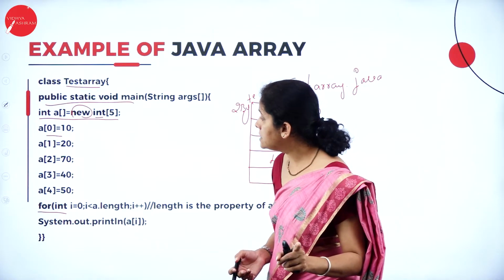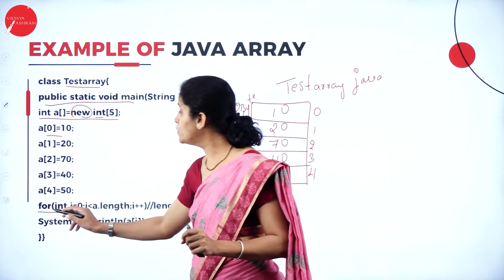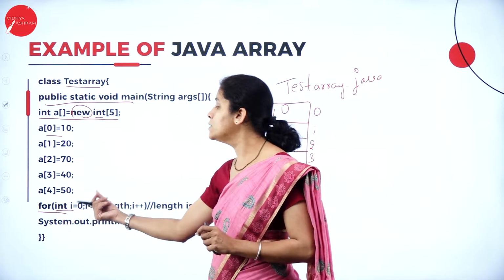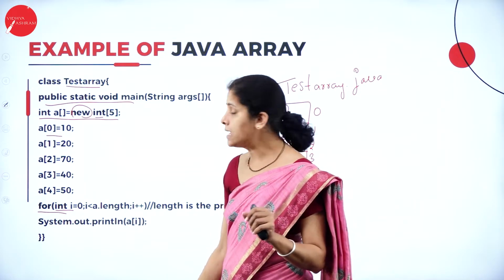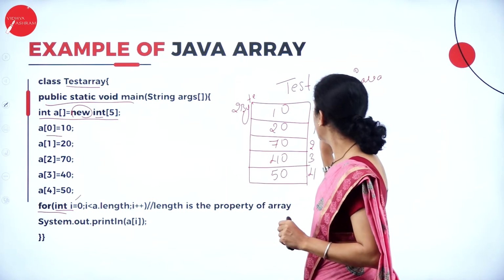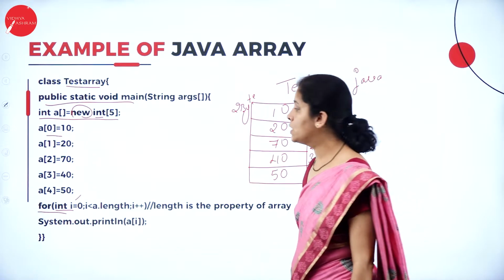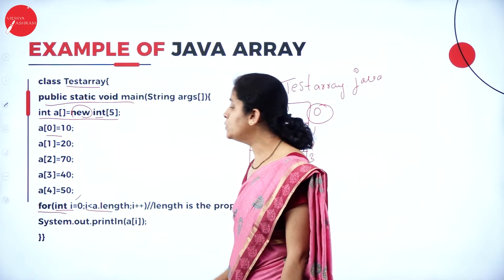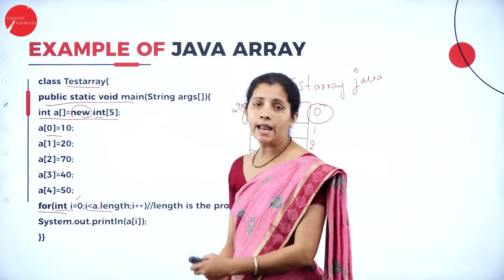Now, if I consider the for loop syntax, at the beginning, I'm going to have the initialization. So I'm going to initialize the variable. And to represent it as index, I'm going to take i. The array index always starts from 0. For that reason, i equal to 0. And I'm going to check i less than a.length.